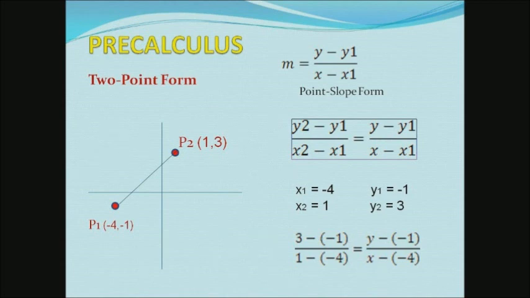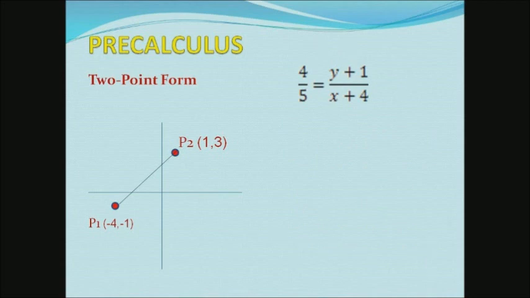So, what we do is we substitute all the values of x1, y1, x2, y2 into our 2-point form, or our formula. So, simplifying now, once we solve the 2-point form, we will have 4 over 5 equals y plus 1 all over x plus 4.